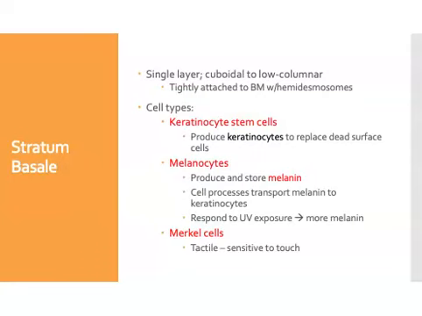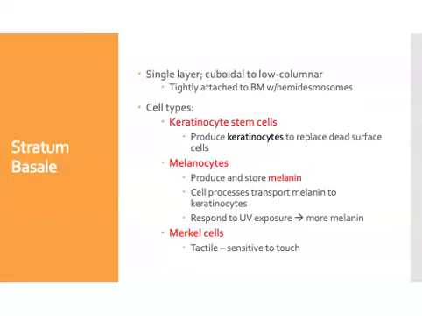So some people refer to that as a low columnar, halfway between a cube and a column, in other words. That stratum basale, that bottom layer of the epidermis, is tightly attached to a basement membrane underneath it with those hemidesmosomes.